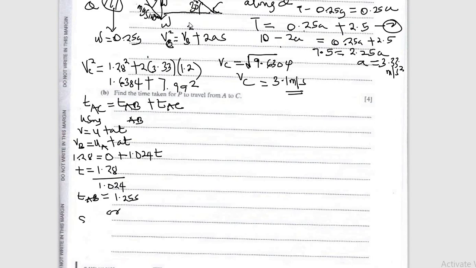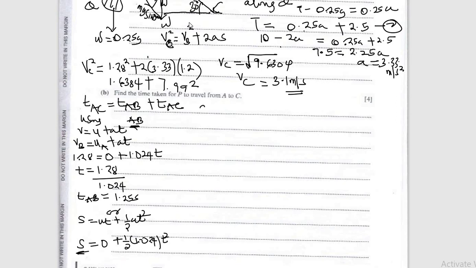Or using S equal to UT plus half AT squared. It's still on this section AB. Initial velocity at AB is 0. 0 times t is 0. Acceleration of that region is 1.024, t squared. Distance of that region is 0.8.